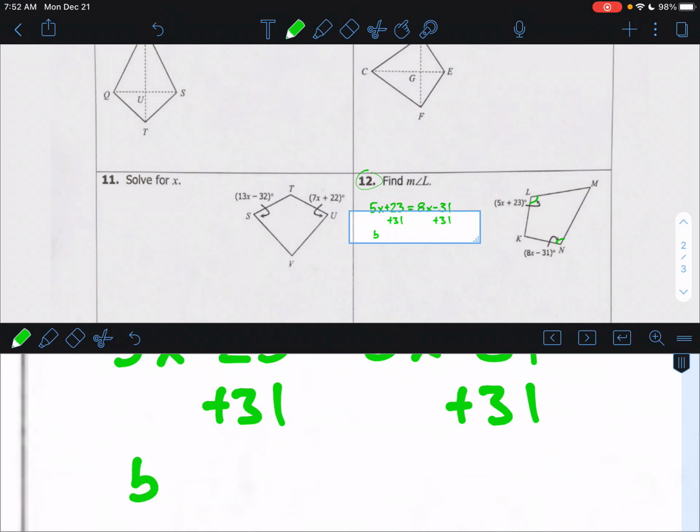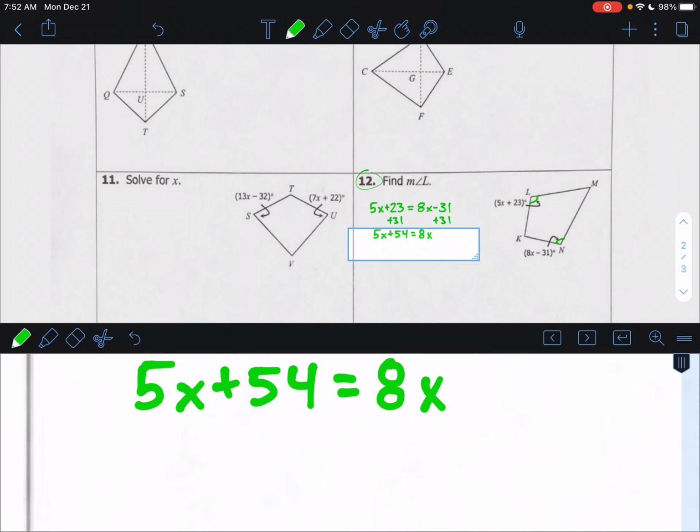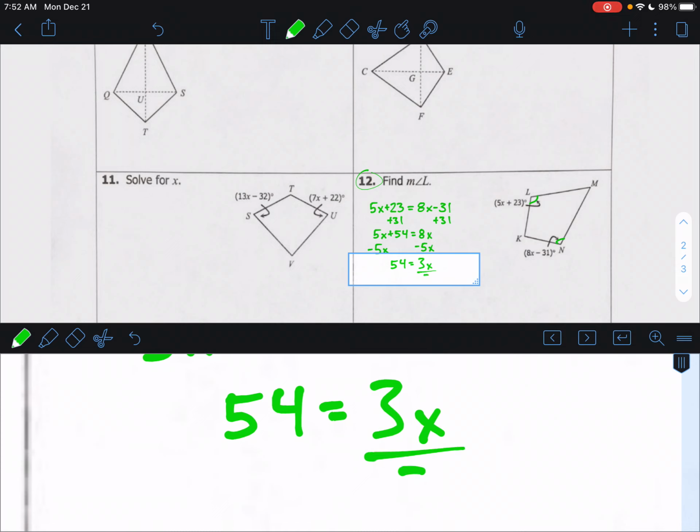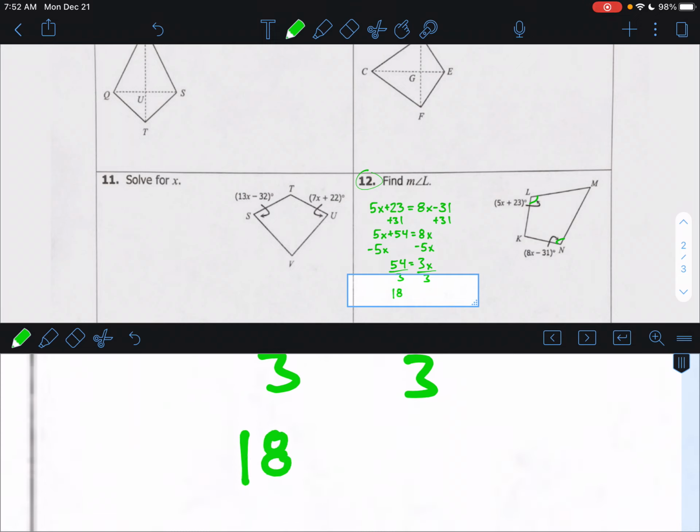So I'm going to have 5x plus 54 equals 8x. Subtract 5x from both sides. So that'll give me 54 equals 3x. Divide both sides by 3. 18 equals x. However, it did not ask me to find x.